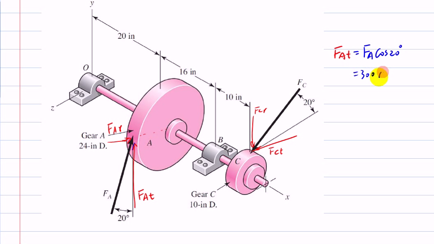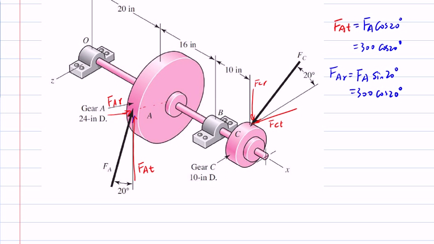FA is 300. FAR you can also calculate, which is FA sine 20 degrees. So now you have the two components of this force here.